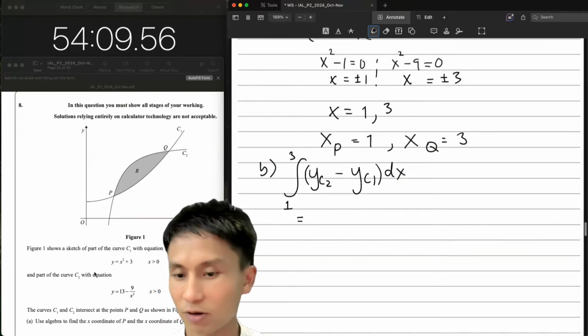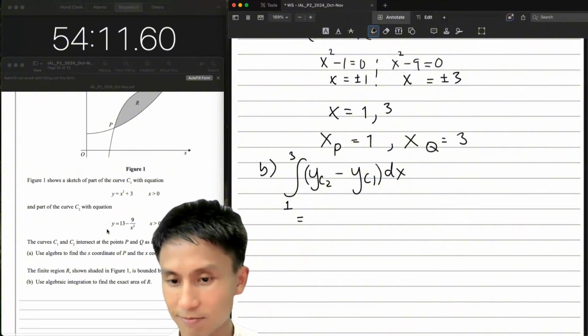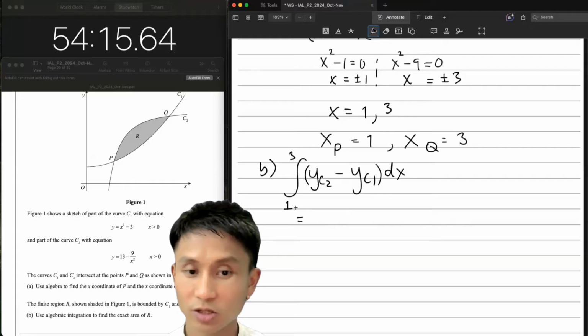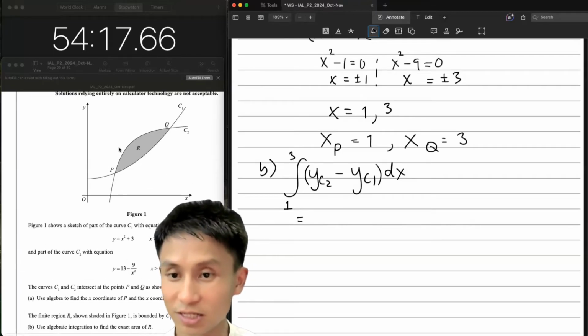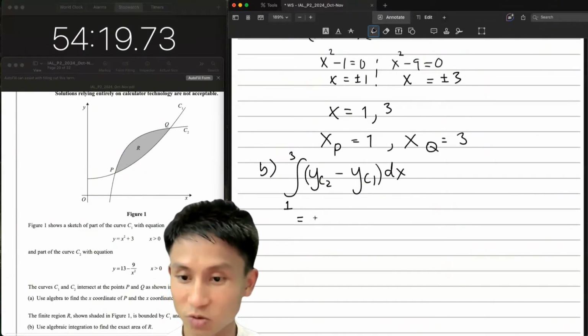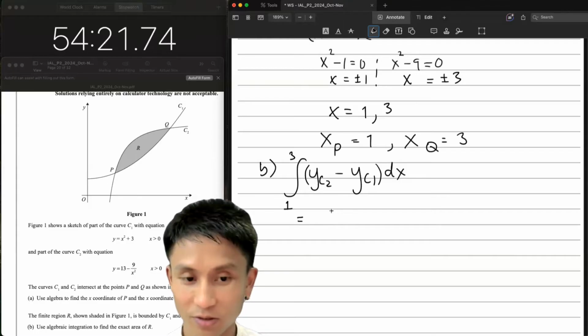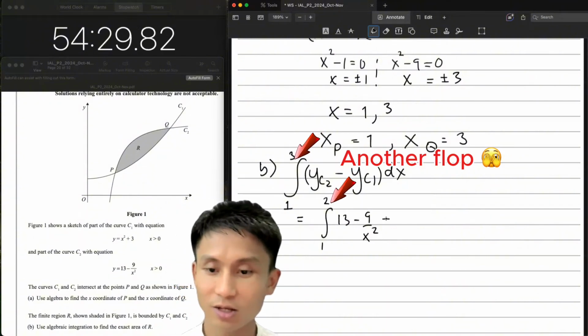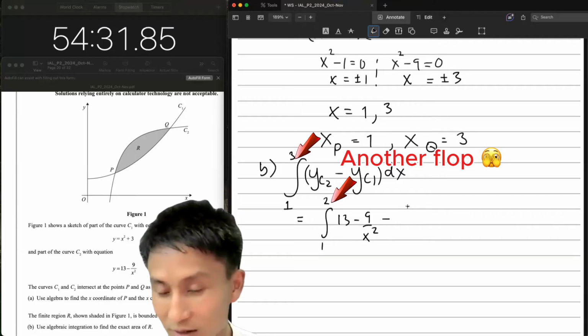So that's the area I want to find. So C2 minus C1, because C2 is above C1 here. So this is the integral from 1 to 3 of 13 minus 9 over x squared, minus the C1 function, which is x squared plus 3.